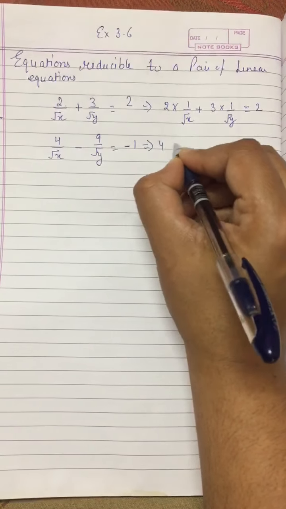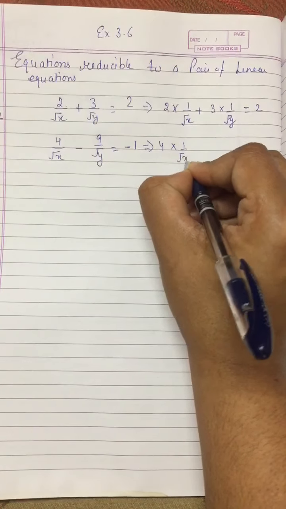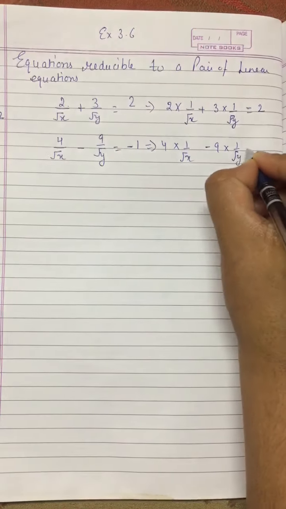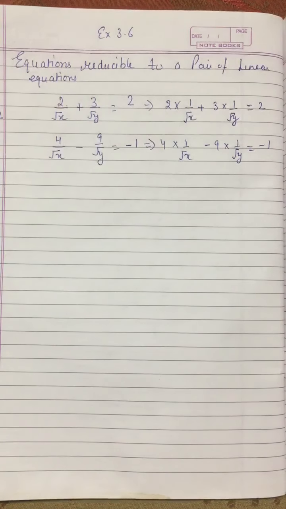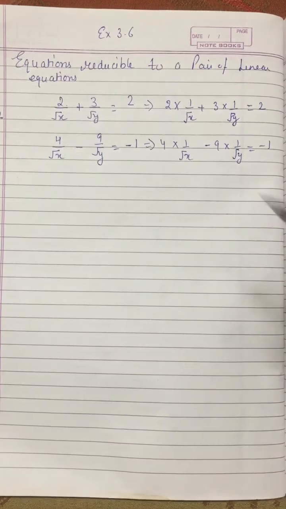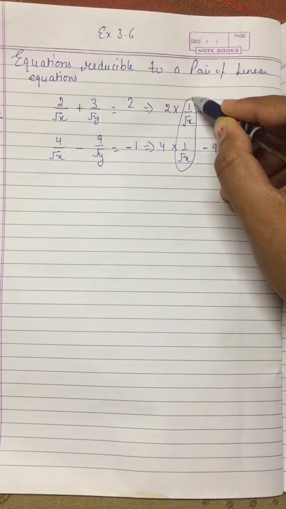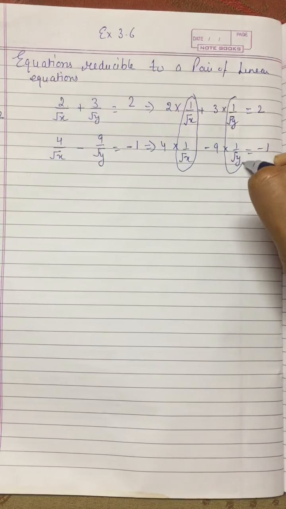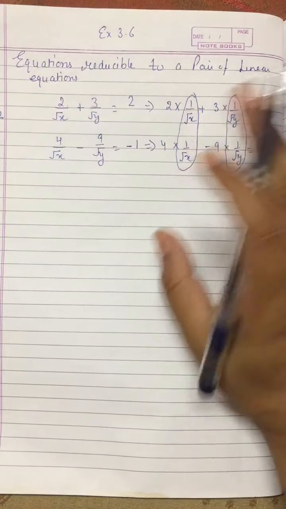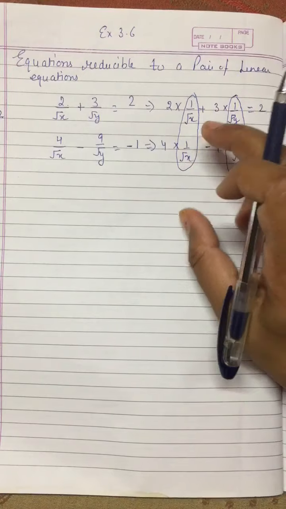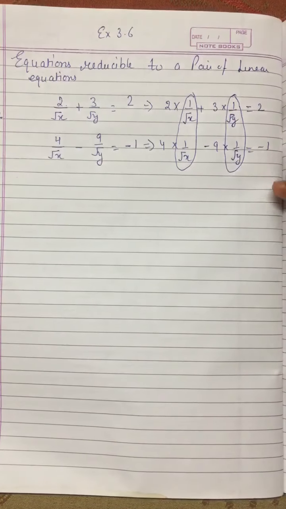Again, 4 into 1 over root x minus 9 into 1 over root y equals minus 1. Now you can see that 1 over root x and 1 over root y are common in both the equations. In all such questions the problematic part will be the same in both the equations.